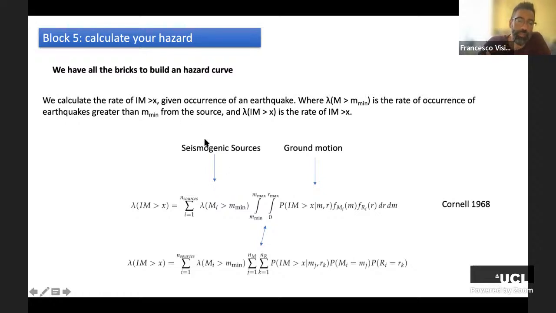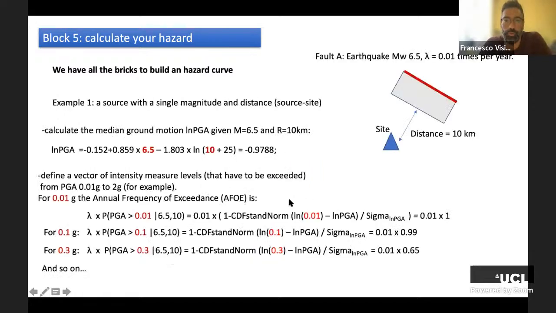One is attributed to the seismogenic source, in particular the rate at which the earthquakes occur, and one is given by the ground motion, the probability of exceeding a certain level of ground motion given the occurrence of an earthquake with a given magnitude at a given distance, what we have seen before.